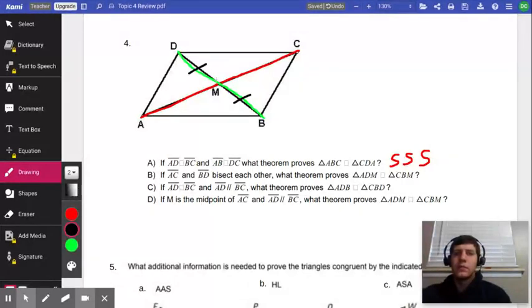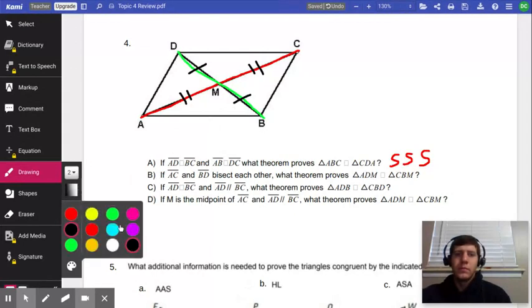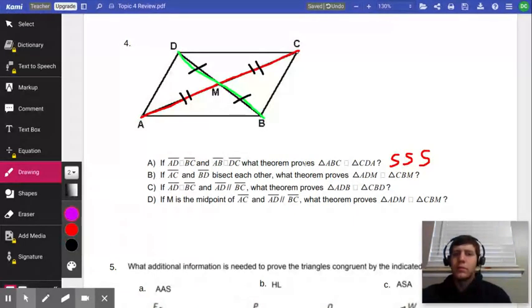So the green line is going to split that red line in half. So AM and CM are going to be congruent. Okay, and we're trying to prove that triangle ADM, that's this triangle here, is congruent to triangle CBM, which is this purple triangle here.